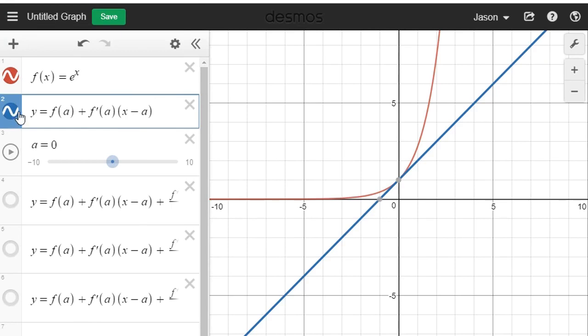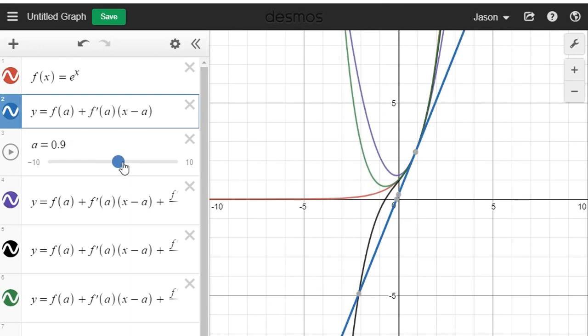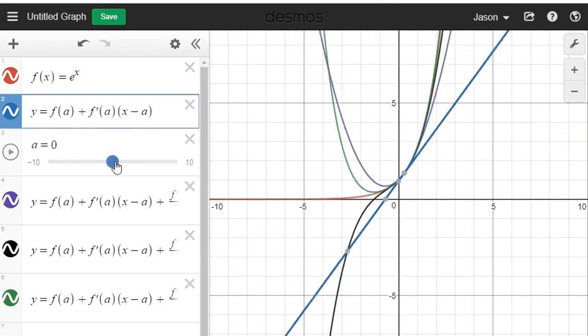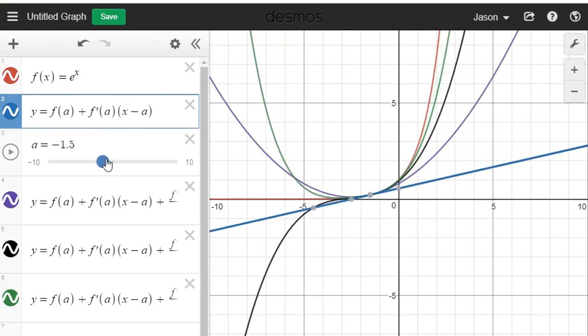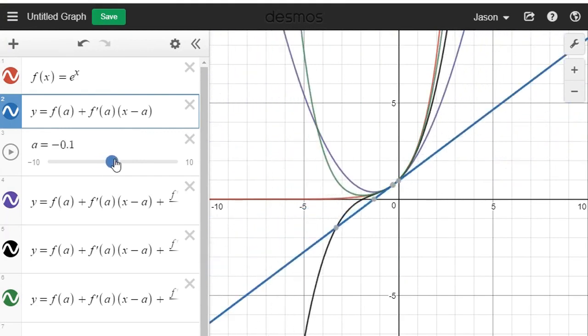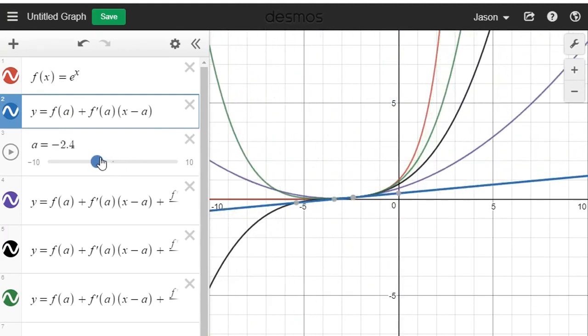So linearization is pretty accurate for a very short period of time. And then a quadraticization, I know I'm using a made up word, but they get more and more accurate as we get along. And you can also center them at a variety of different points. So anywhere they are centered around this function, you get pretty good approximations around the center, but then obviously they get worse and worse as you move along from the original function.